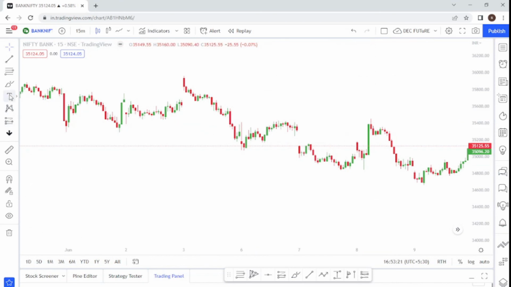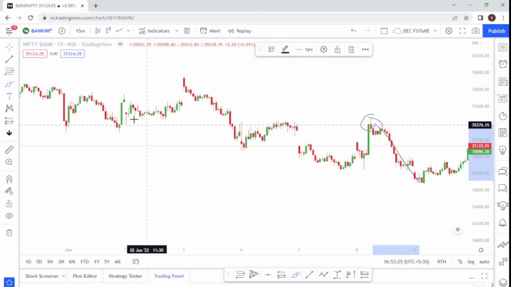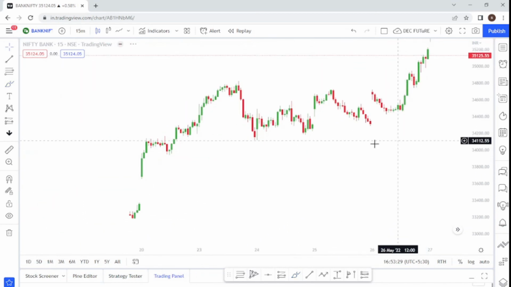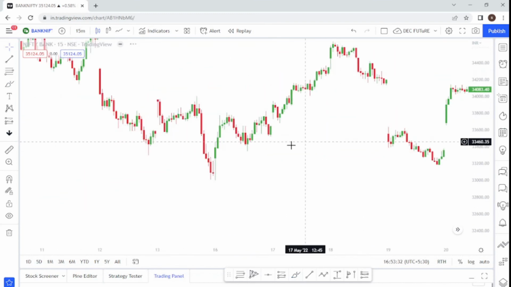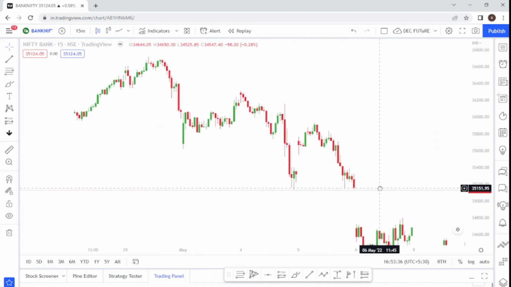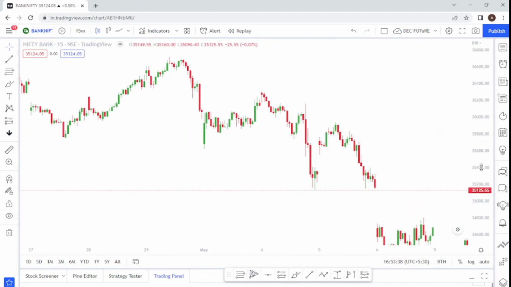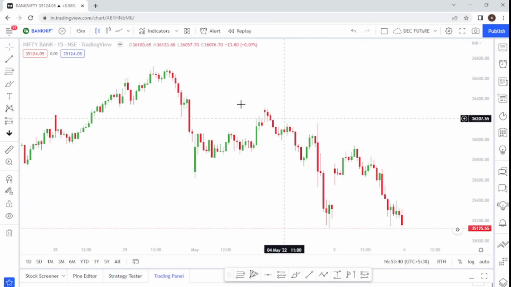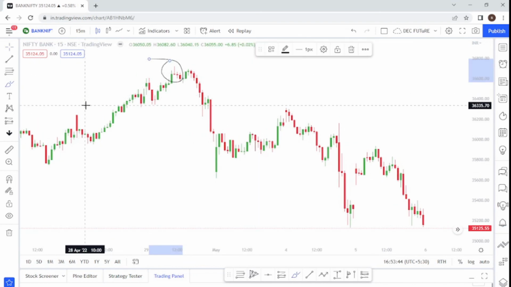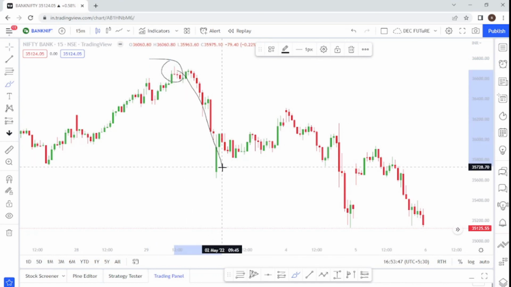Okay, here there is one, a small one, and then the price tends to come downside, right? So like this, the prices tend to go up and come downside as well. The shooting star will bring the price down, hammers will take the prices to a higher side. Here also, this looks like a doji, but more or less you can also consider it a shooting star, and then the price tends to fall down.